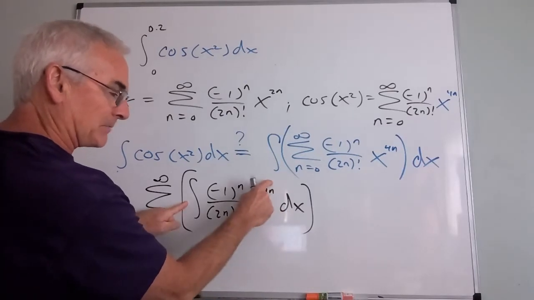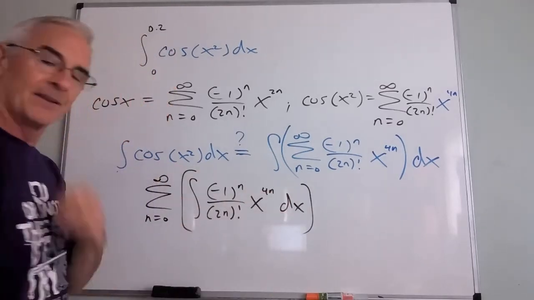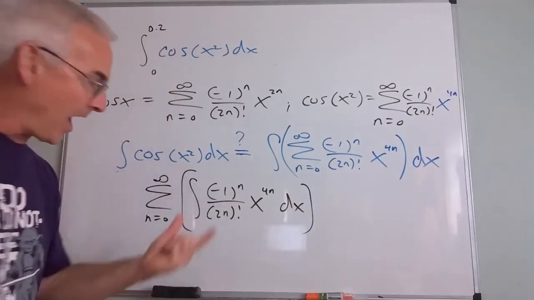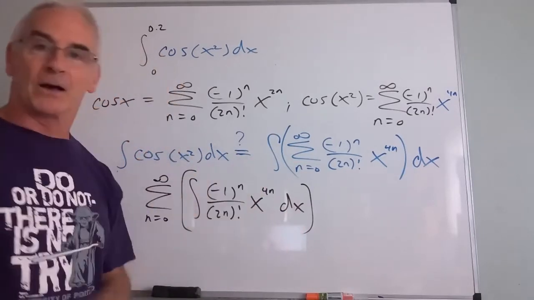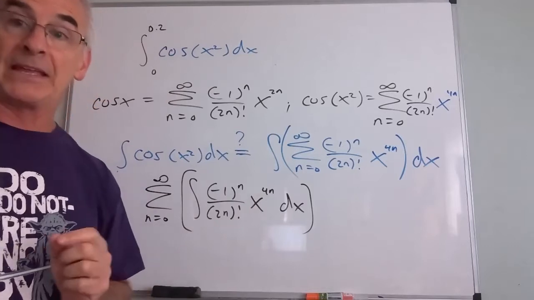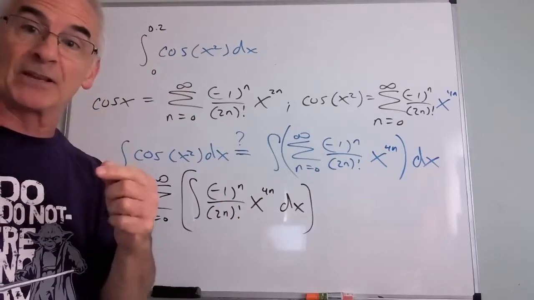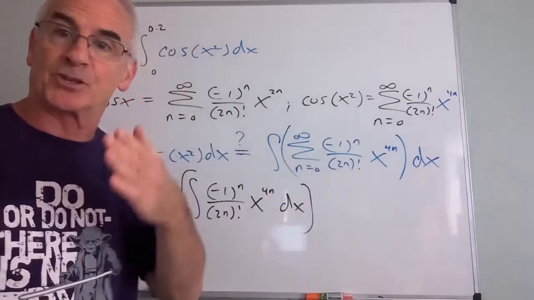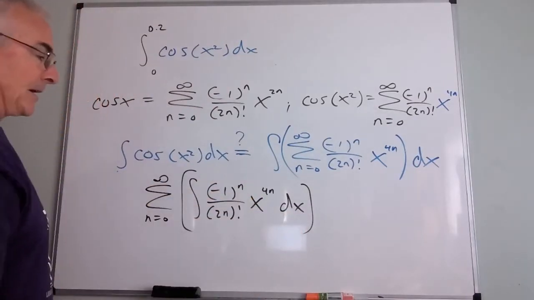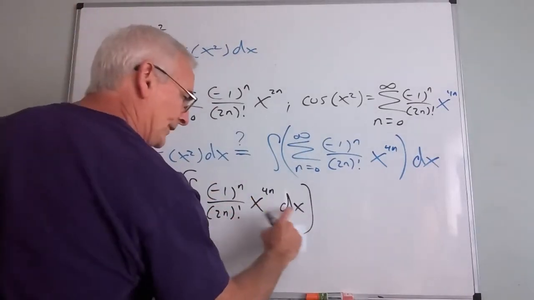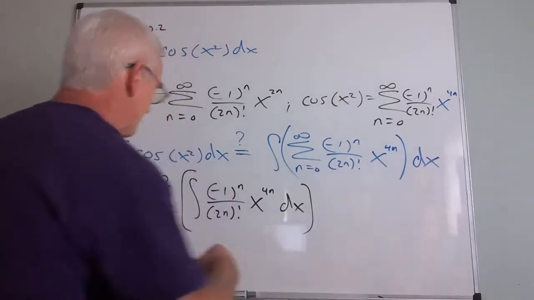N is a constant in my integral. N is changing in the sum, but within the integral itself, n is a constant. I'm going to find the antiderivative of this, and I'm going to take the sum of the antiderivatives. So if the original problem is the integral of the sum, then I'm basically going to integrate each term one at a time. So that's just the sum of the antiderivatives. So we're actually going to do it like this. Now, remember, I'm only integrating the x. This is still constant.